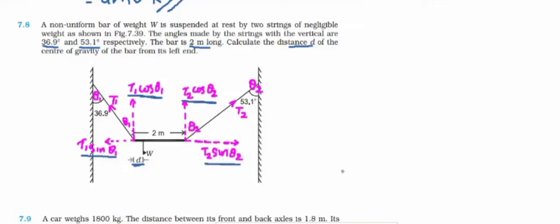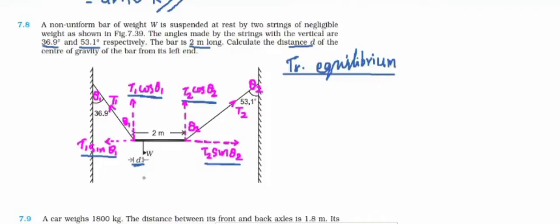Now in this case we first apply translational equilibrium. Translational equilibrium has two cases. One is the forces upward and downward: two forces are acting upward, T1 cos theta 1 and T2 cos theta 2, and W is acting downward.